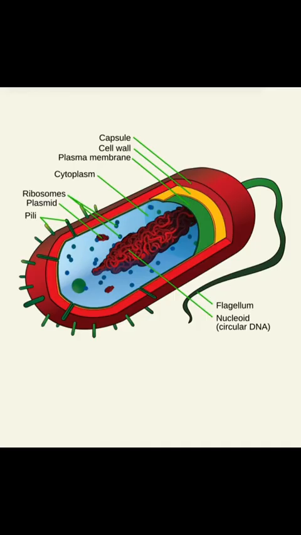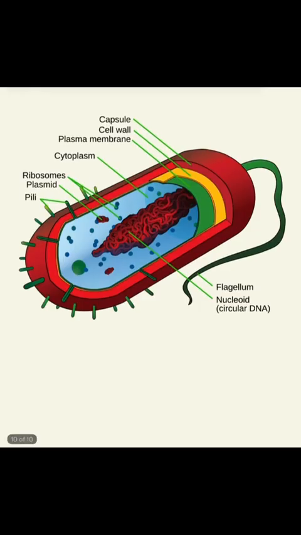But the difference between prokaryotic and eukaryotic chromosomes is that prokaryotic is a single circular chromosome that is not enclosed within a nucleus. Okay, now there are also small extra loops of DNA called plasmids, and they can be found in prokaryotes as well.